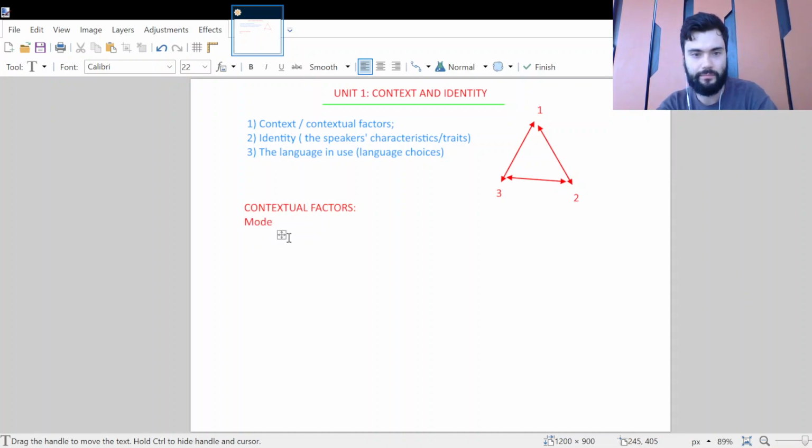Mode. It's a good way of remembering them to also remember a question that can be answered, which is, what does mode deal with? Well, mode deals with a channel of communication. So what is the channel of communication?